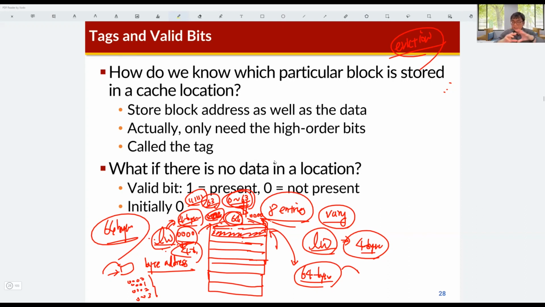That means this 64-byte data is stored in a single entry of the cache, and because this load instruction requests 4 bytes of data, only part of the data is transferred to the processor. That's how cache works.